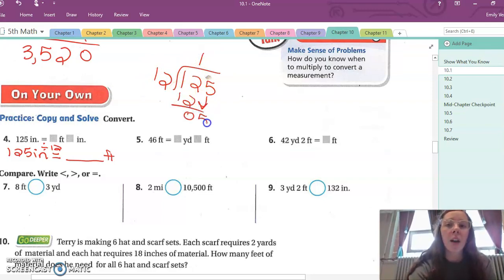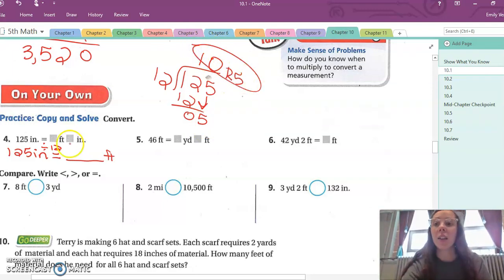Bring down the 5. 12 doesn't go into 5. So I put a 0 on here. Remainder 5. And then I use this to fill in my boxes. 125 inches is the same as 10 feet, 5 inches. Remember, the remainder is that second unit, the leftover.